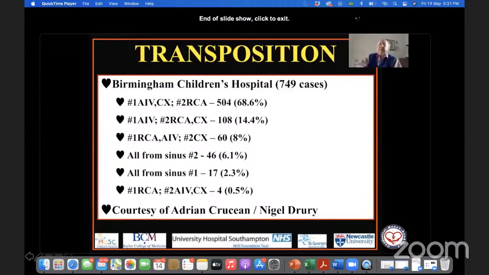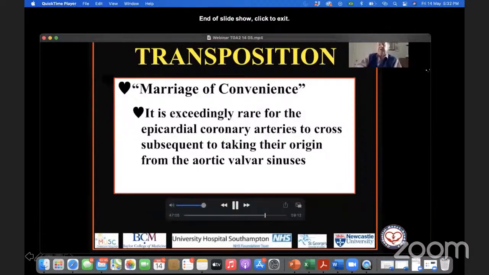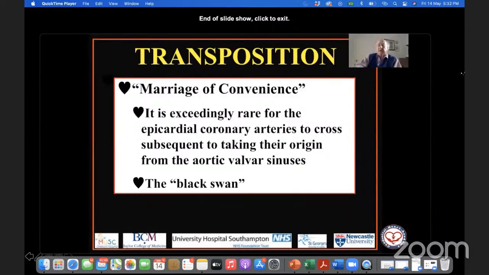And of the potential 8 cases, 6 have been seen in the experience of Birmingham. And they reflect a marriage of convenience. The coronary arteries arise from the sinuses to which they are most adjacent, and hardly ever do the coronary arteries cross one another in terms of their epicardial territory as they take origin from the coronary sinuses. But very rarely they can do so.